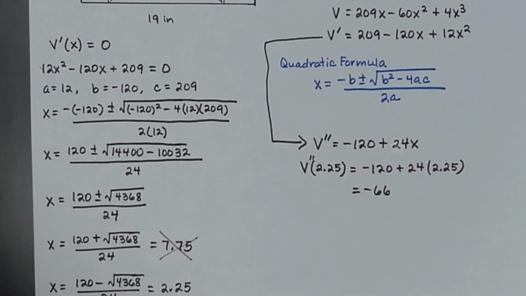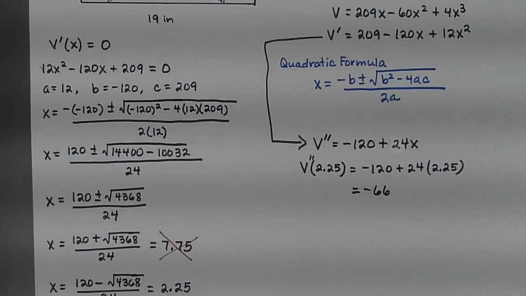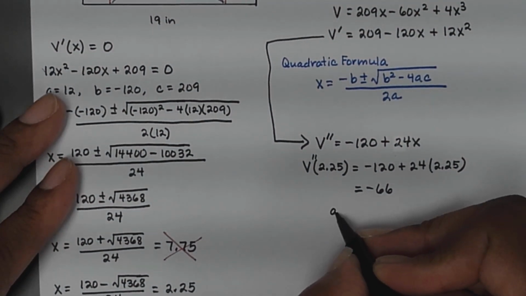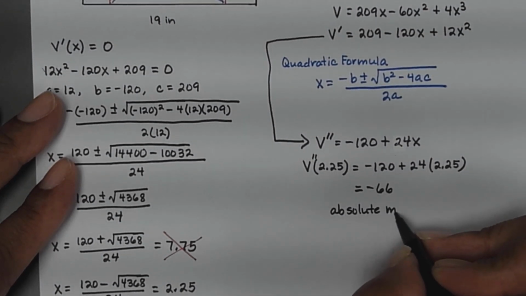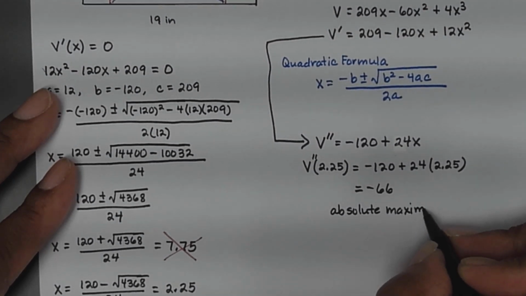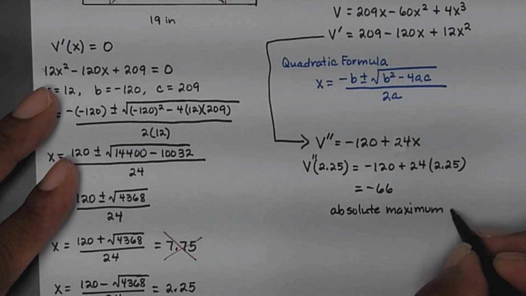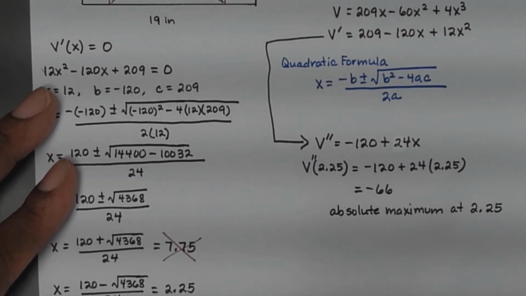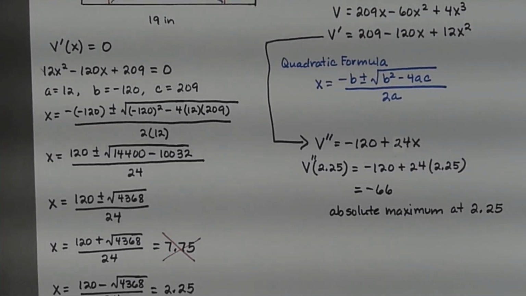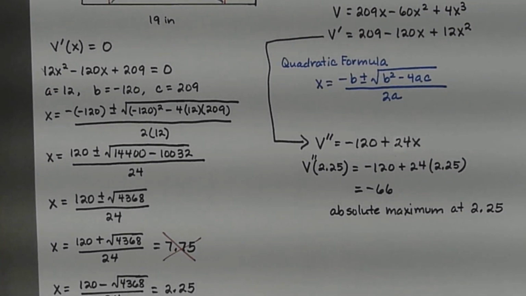It's negative, so that means there's an absolute maximum, since I'm only dealing with one critical value. So the absolute maximum would be at x equals 2.25.